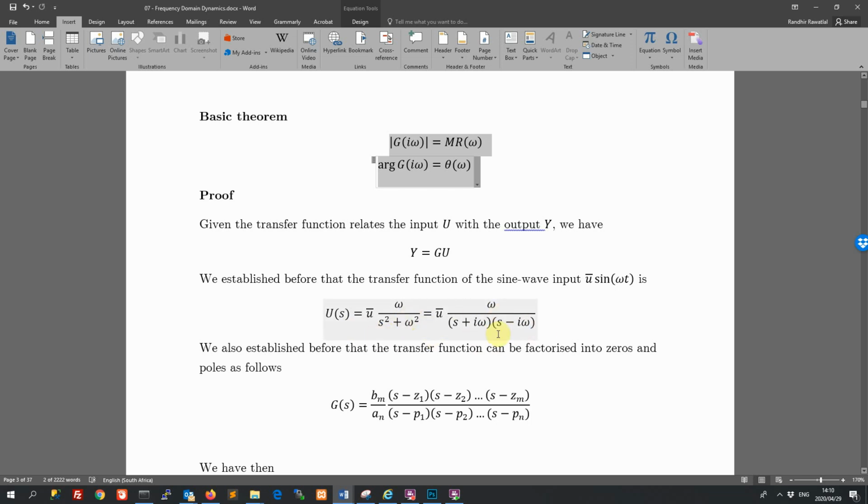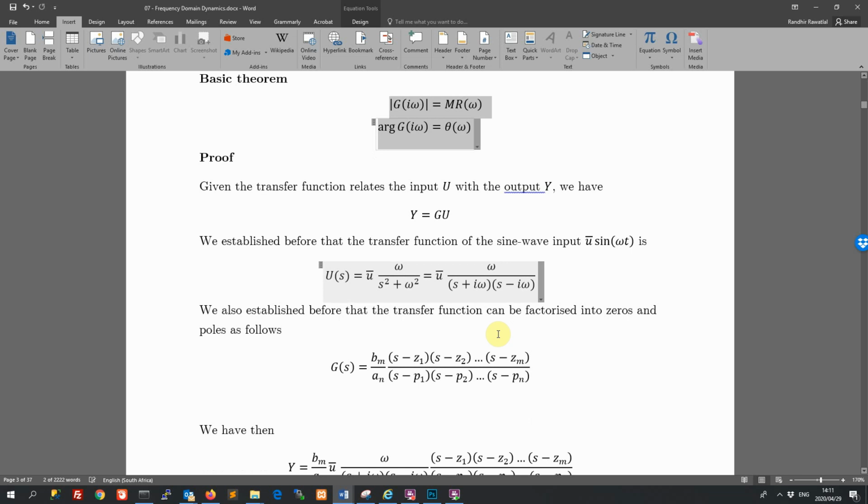So this we know, and if we apply that now in our transfer function, we had said before that any transfer function can be written as the ratio of the product of the roots. We can write that in terms of the zeros in the numerator and the poles in the denominator, and there will be some constant out in front here.